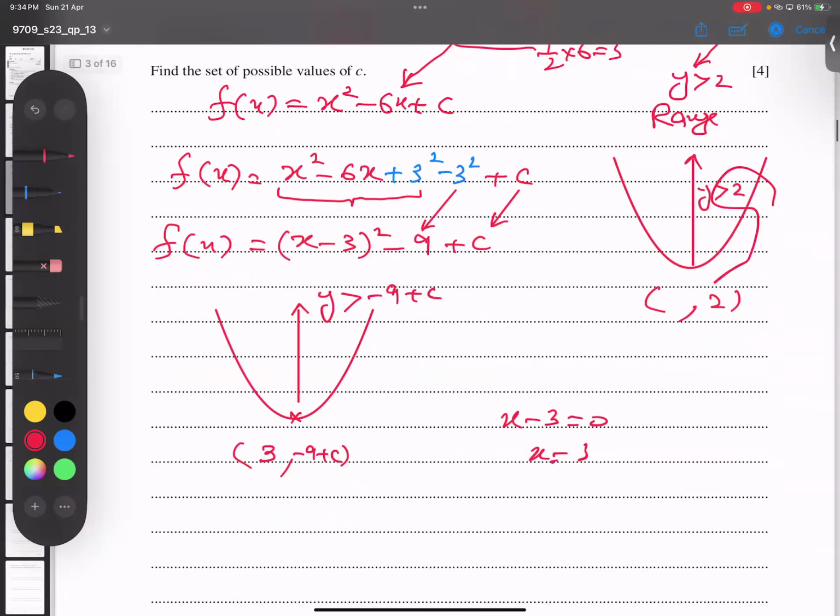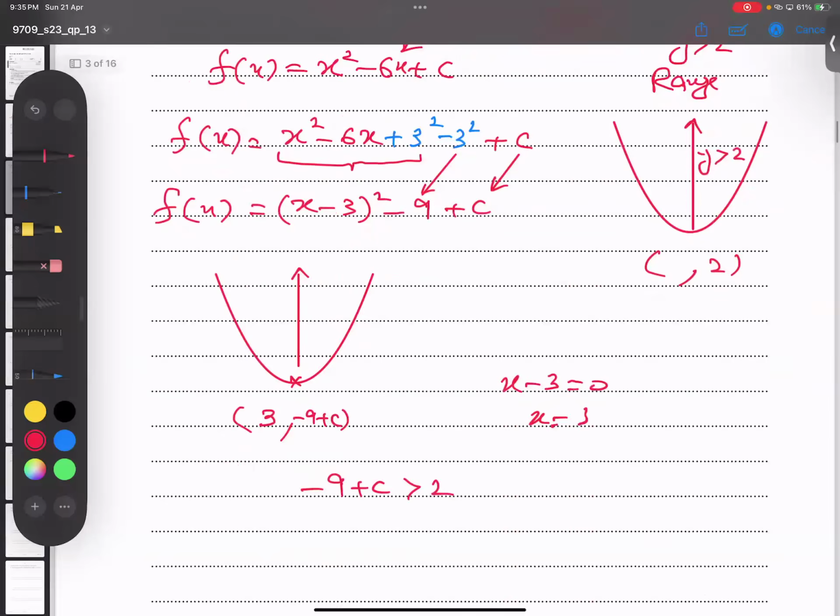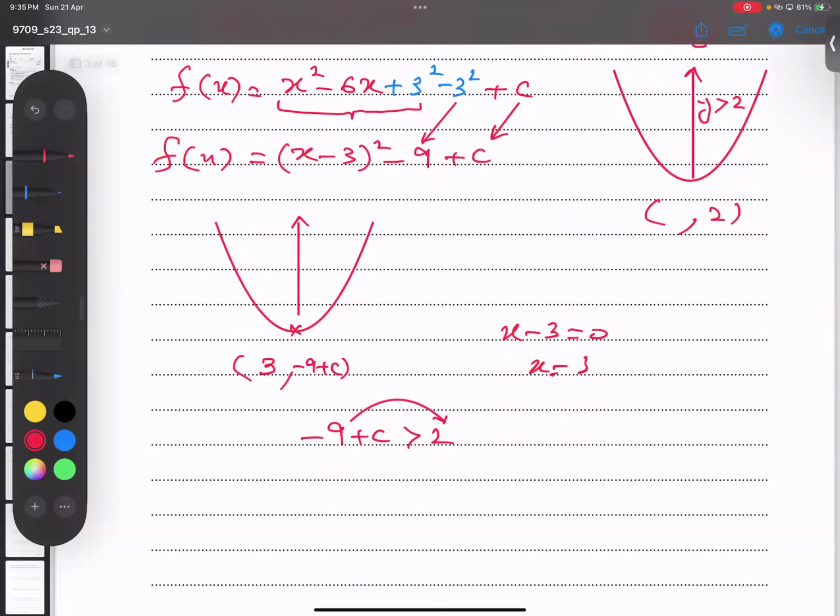But he has given 2, it means my y value must satisfy the situation. So this y value, I can say minus 9 plus c, or I am erasing this and writing this one, this value should be more than 2. So now if I bring this 9 to the other side, c is more than 11.